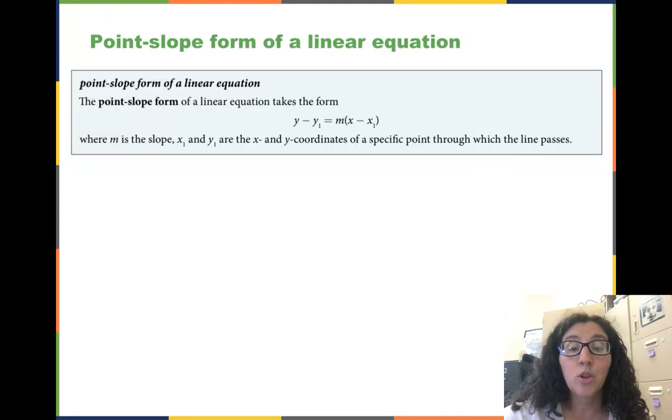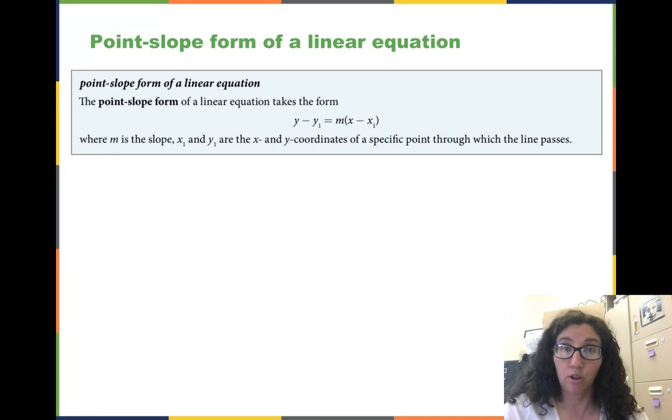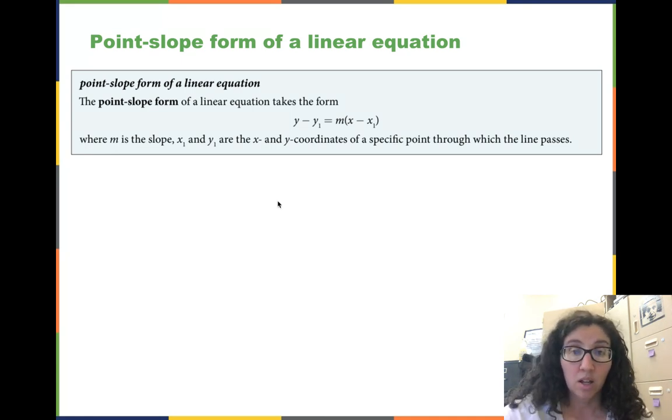Okay, so there's a different form of linear equations called the point-slope form. It's just a different way of writing it. It's y minus y1 equals m times (x minus x1). And I'm going to tell you a secret. I personally still don't really remember this equation, and I never use it. I just remember y equals mx plus b. I'm not super good at remembering equations, and you can always find what you need just remembering that one, so I just use that one.